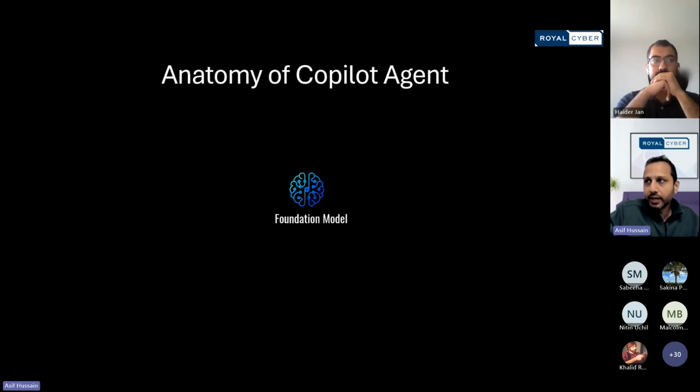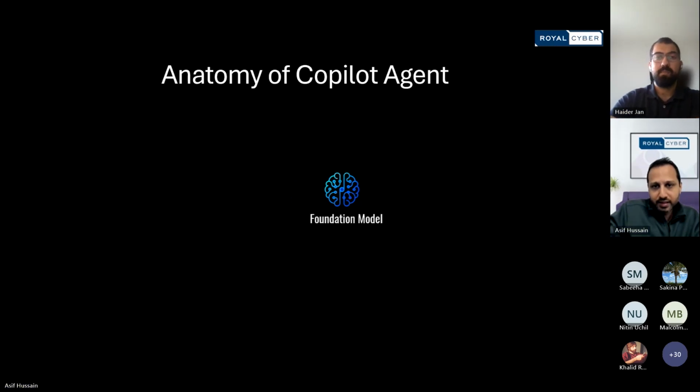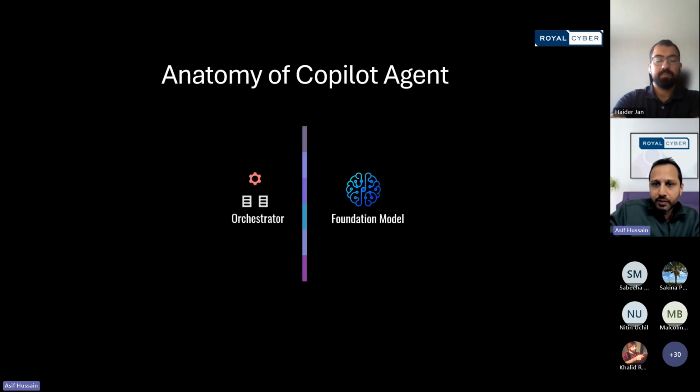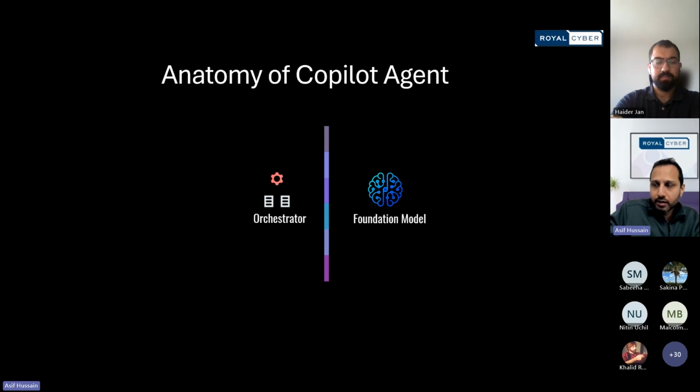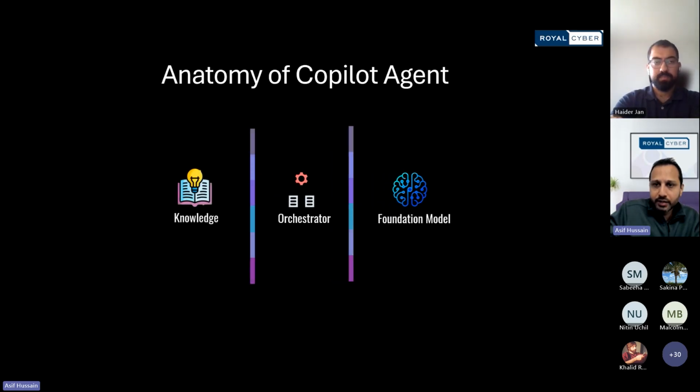So this is what the anatomy of a Copilot agent looks like. First thing is the foundation model. The foundation model you can say is a specific ChatGPT model that you will use, or any LLM that your Copilot will use, in fact. And there would be an orchestrator layer that will stitch everything together.